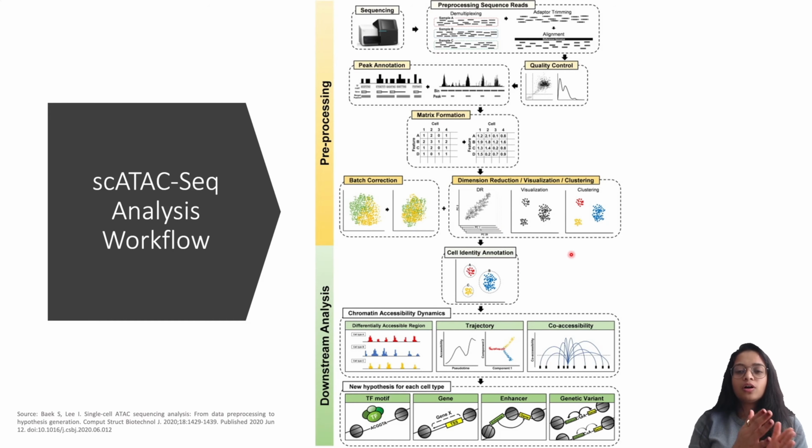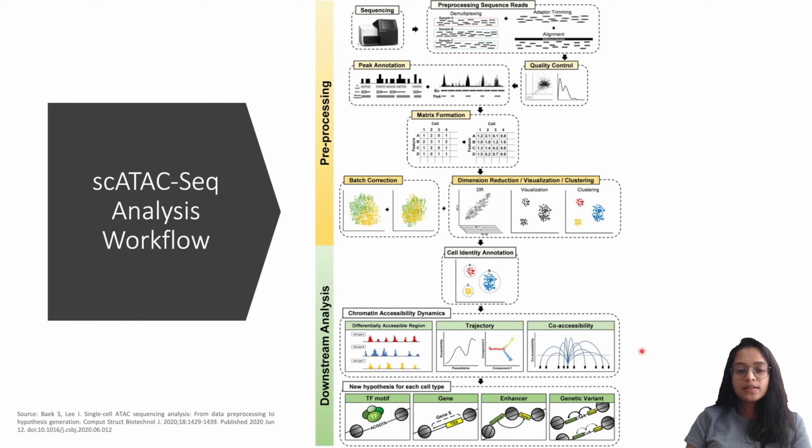This is much more analogous to what we do for single cell RNA, and this will be clearer as we go into each of these steps while I demonstrate. In addition to that, if we have data from different batches, we would also make sure that we correct for those batches before we go on to the downstream analysis.